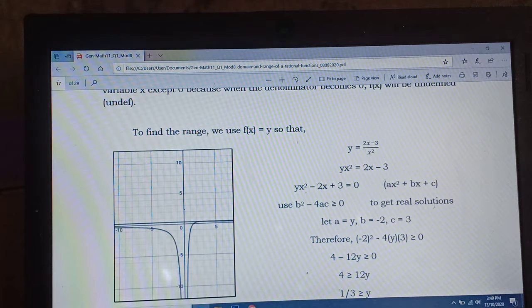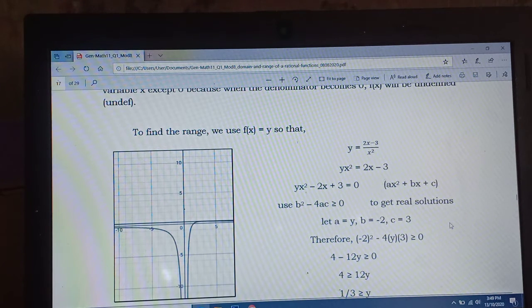We make use of b squared minus 4ac greater than or equal to 0 to get real solutions. This is the discriminant of a quadratic equation. So what is a? That is y, b is negative 2, and c is equal to 3.